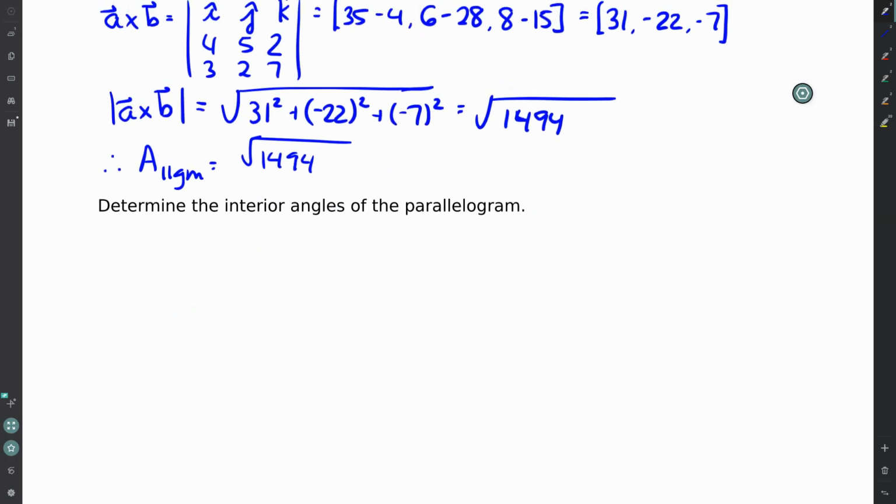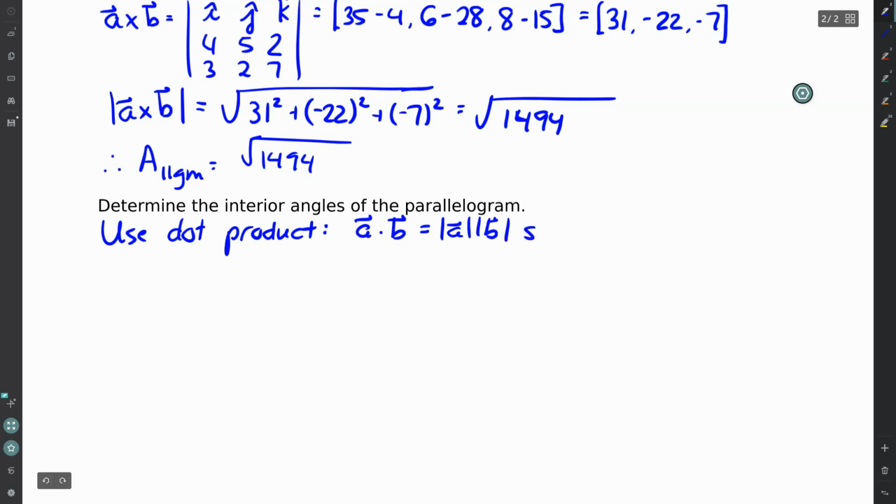So we're going to use the dot product. Remember that A dotted with B is equal to magnitude of A times magnitude of B times cosine of theta, and we can isolate theta in there. Now we do need the dot product, so let's find A dot B. This is relatively straightforward.